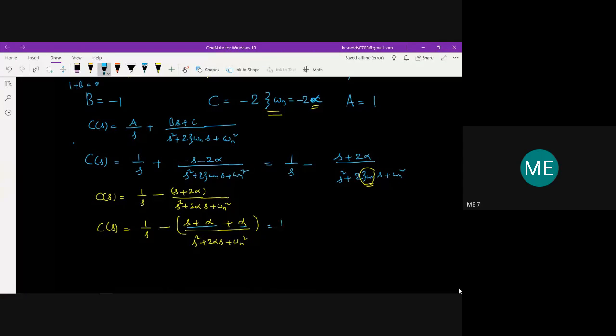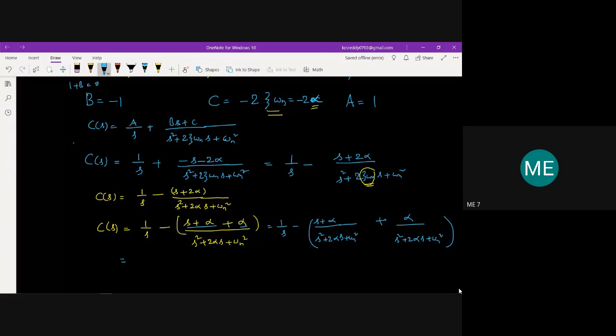So in this way, 1 by s minus (s plus alpha) by s square plus 2 alpha s plus omega n square, and plus alpha by s square plus 2 alpha s plus omega n square. So I'll just separate the terms.